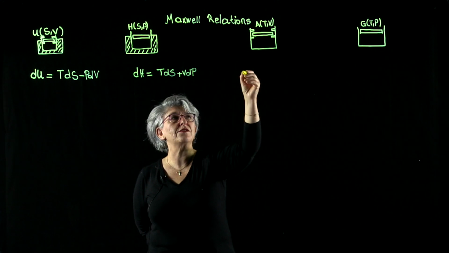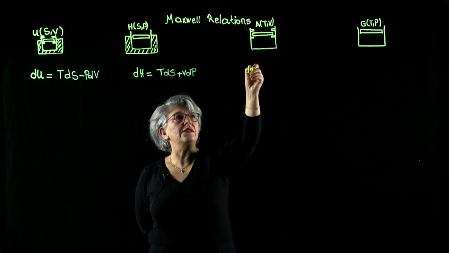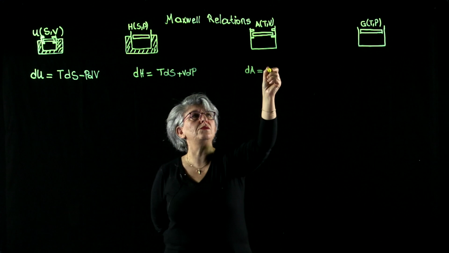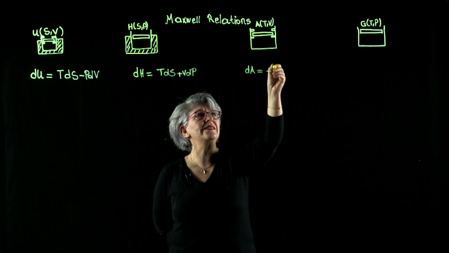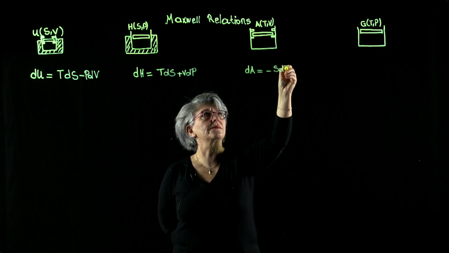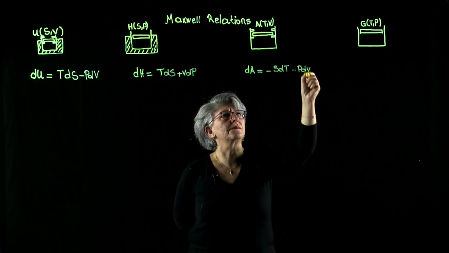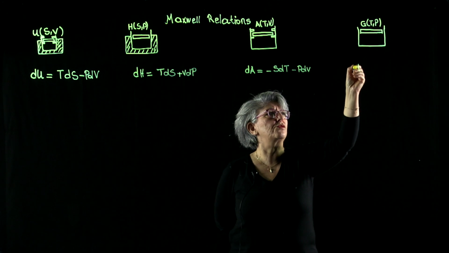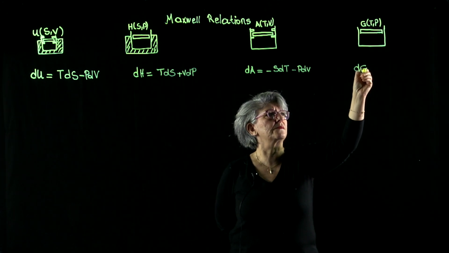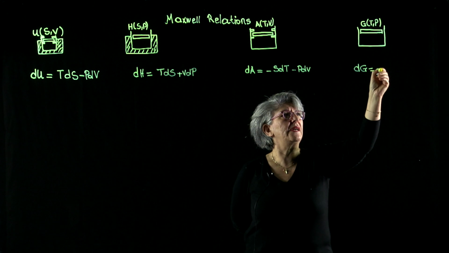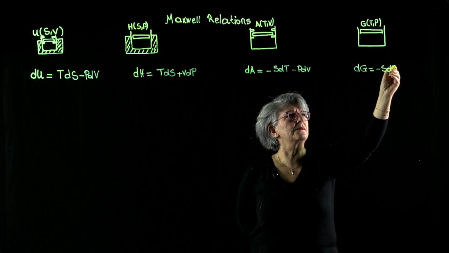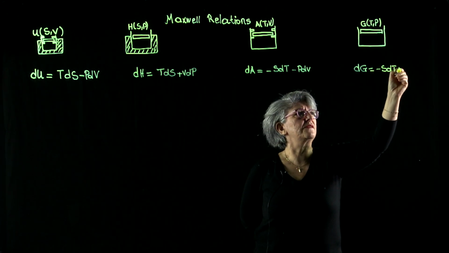So this is going to be our starting point. dA is equal to minus SdT minus PdV, and dG is equal to minus SdT plus VdP.